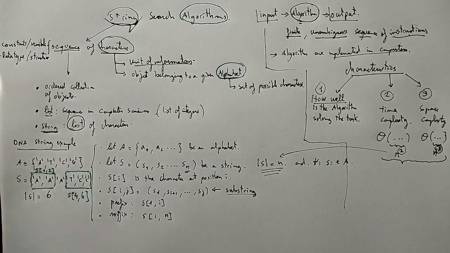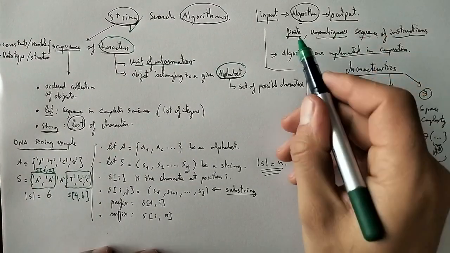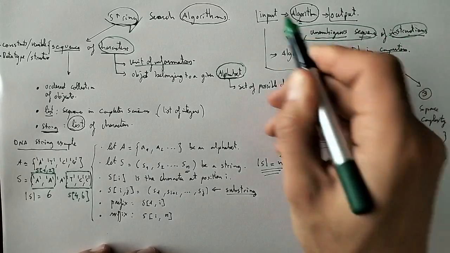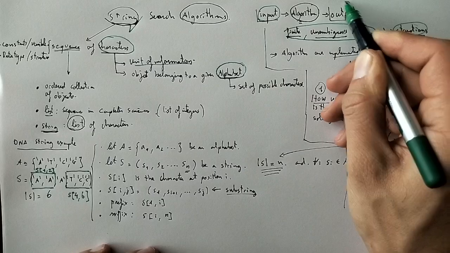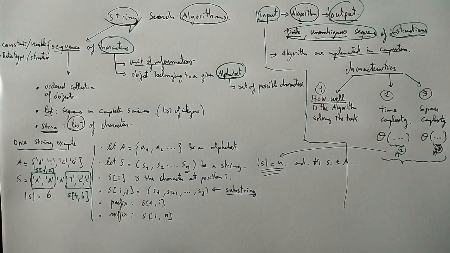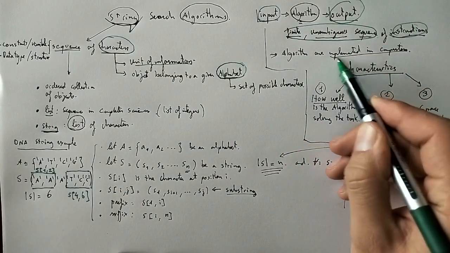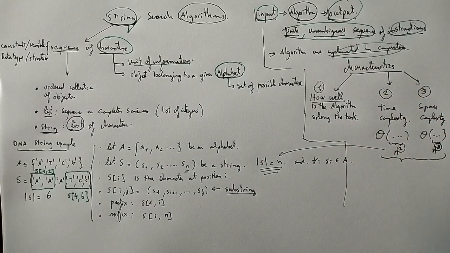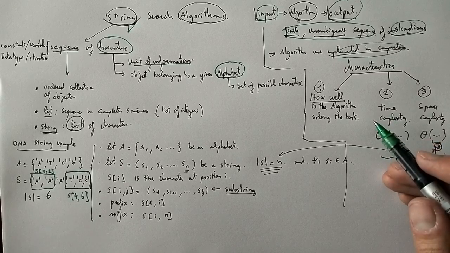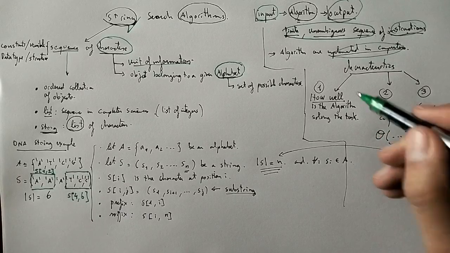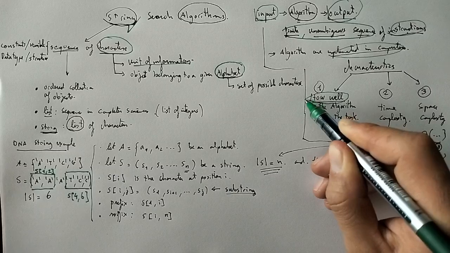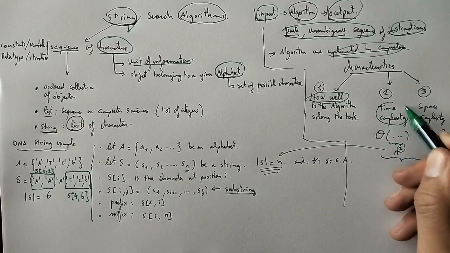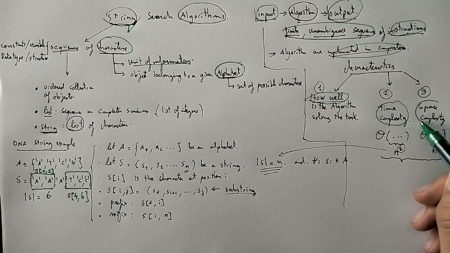So in a nutshell, the algorithm is just this finite and unambiguous sequence of instructions that will allow us to go from an input to a given output. Most of the time, algorithms are implemented in computers, and in order to characterize an algorithm, we have 3 elements to consider. First one is how well the algorithm is solving the task. The second element is the time complexity, and the third element is the space complexity.